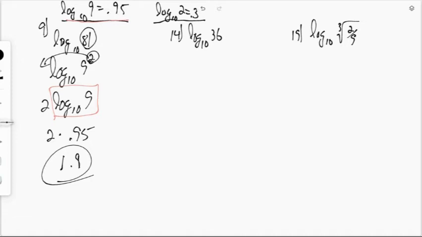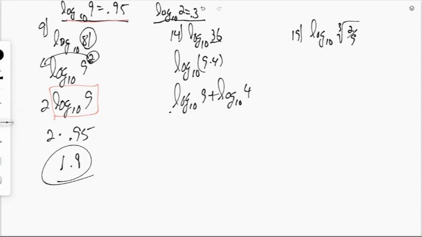Alright, on the second one here we got 36. So how can I break apart 36 to use something that they give us? Alright, so that's going to be log base 10 of 9 times 4. So therefore that's going to be log base 10. And again, it is common log, so I don't really have to write the base there. But I'm going to keep writing it because that's the way it was in the book. 9 plus log base 10 of 4. Log base 10 of 9, they gave us that one, that's 0.95.